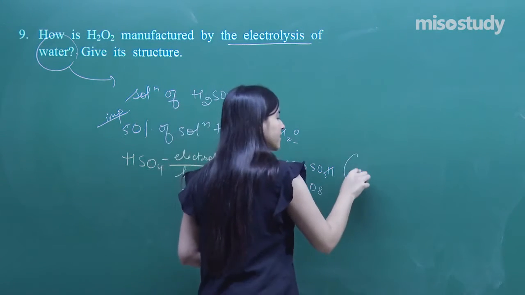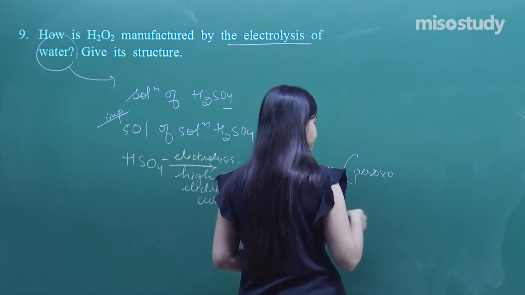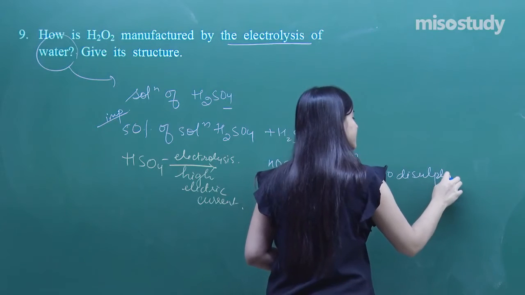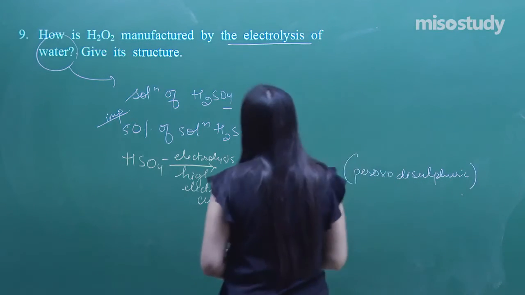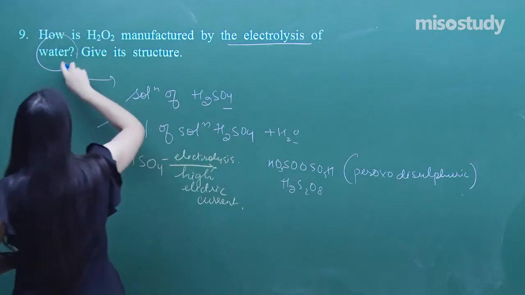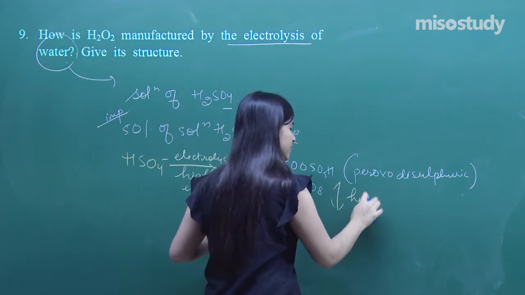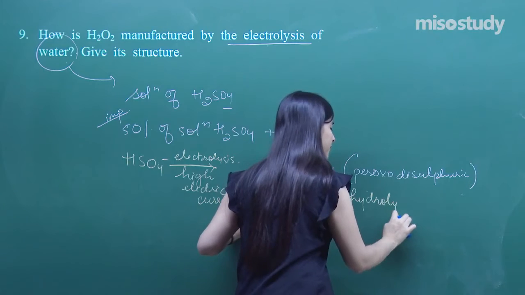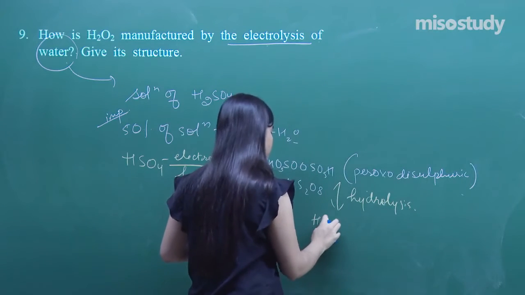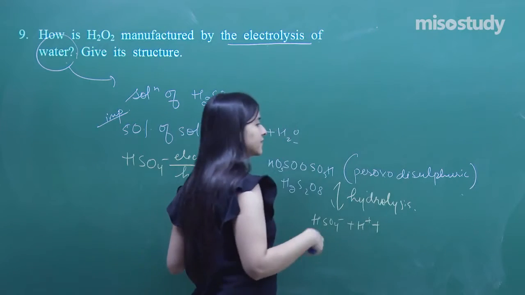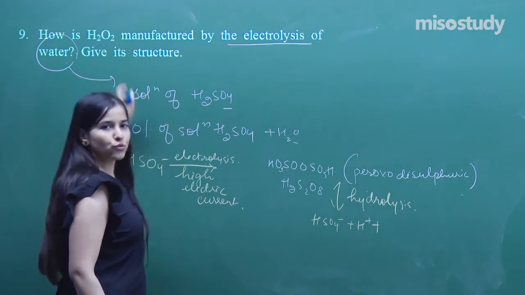H2S2O8, peroxodisulfuric acid. Yes, and finally what we do is hydrolysis of it, and we again get back HSO4 negative plus H positive plus my production of H2O2, right?